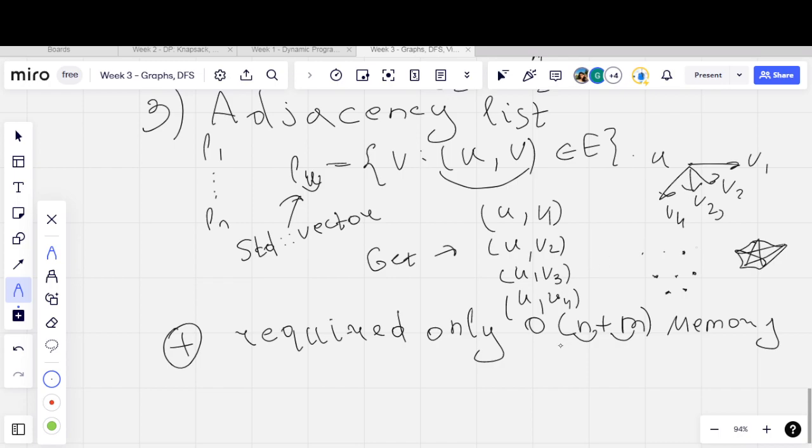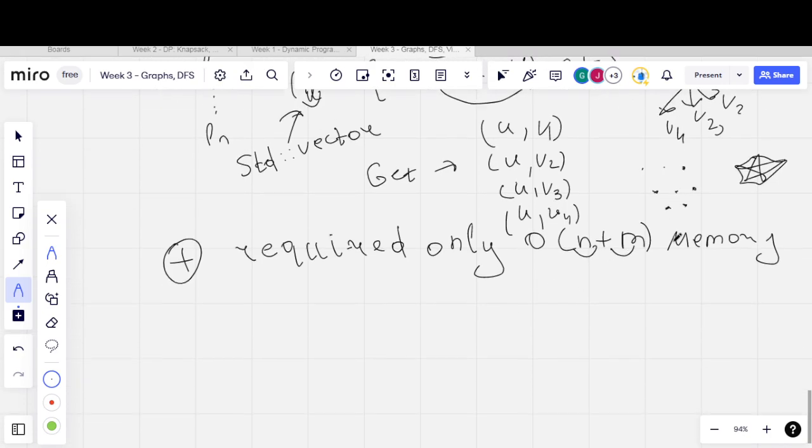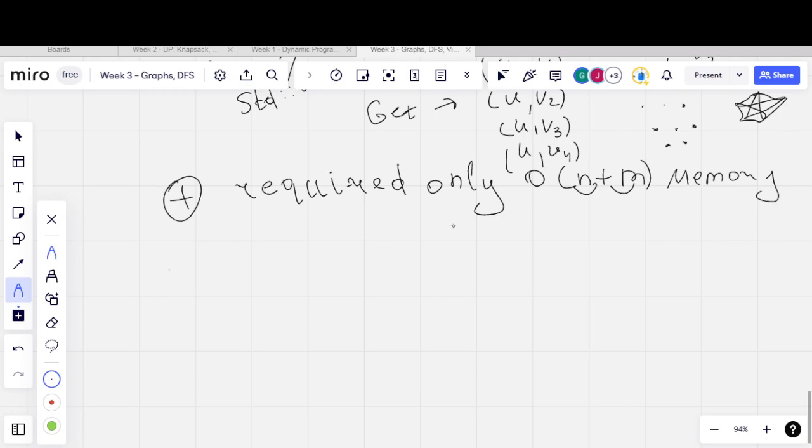All memory depends on vertices and edges, and we use plus. So, and minuses.